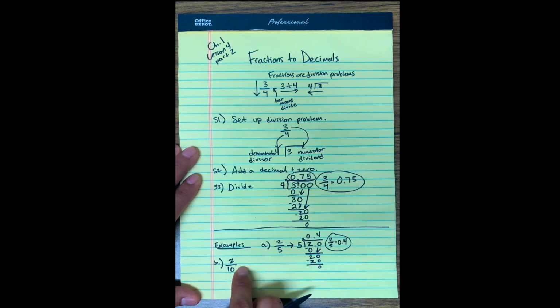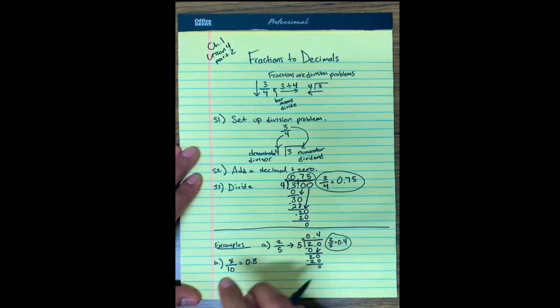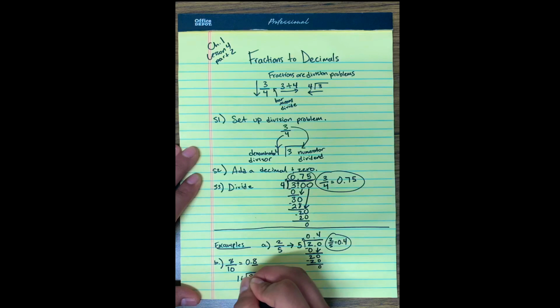Anything that ends with an 8, like a tenth or a hundredth or a thousandth, those should be like automatic red lights for you to say, hey, you know what, maybe I don't have to do all this work, because if I just read the fraction 8/10, I can write it as a decimal. The 8 goes in the tenths place, see?